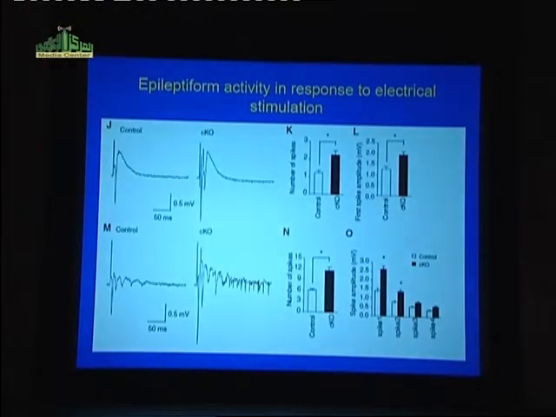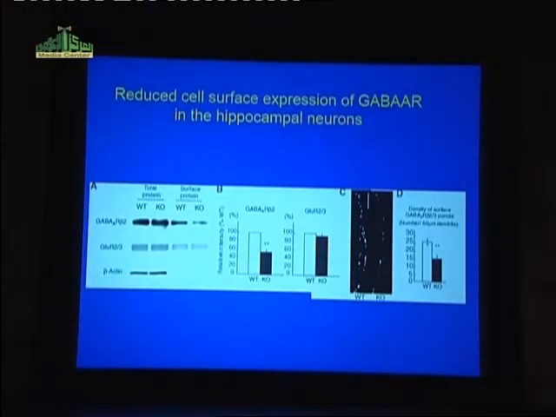So the inhibitory system is affected. Further, we found epileptiform activity in response to electrical stimulation in the conditional knockout. You can see the seizure, epileptiform activities there. So we thought this could relate to the GABA inhibitory system.